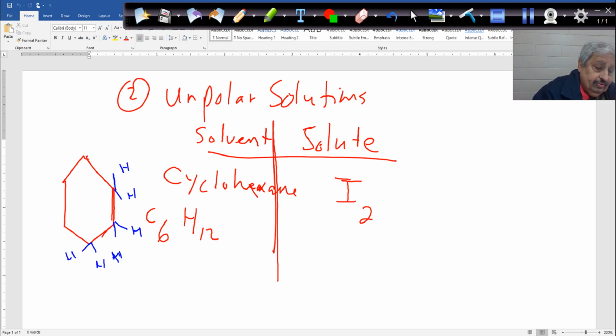This is a non-polar solvent. I just drew that to show you that it's cyclic. Cyclo means cyclic.